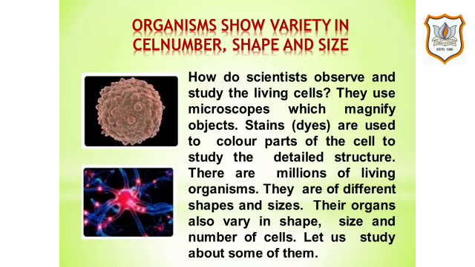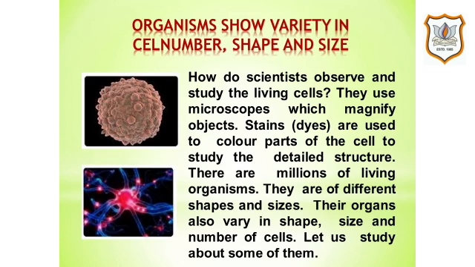I will explain in detail. First one is that different organisms have different numbers of cells in their bodies. This is called the variety in the number of cells, or variety in cell number. Second one is that cells in multicellular organisms, means multicellular plants and animals, have different shapes.